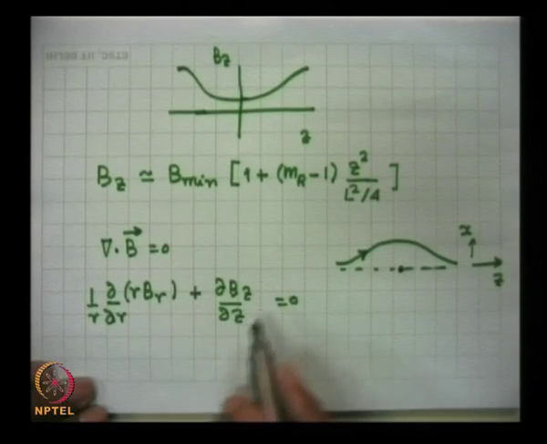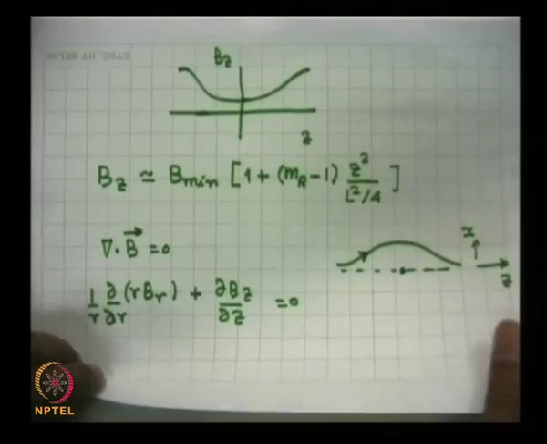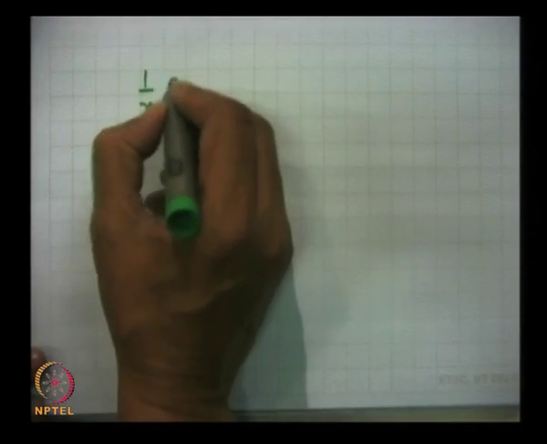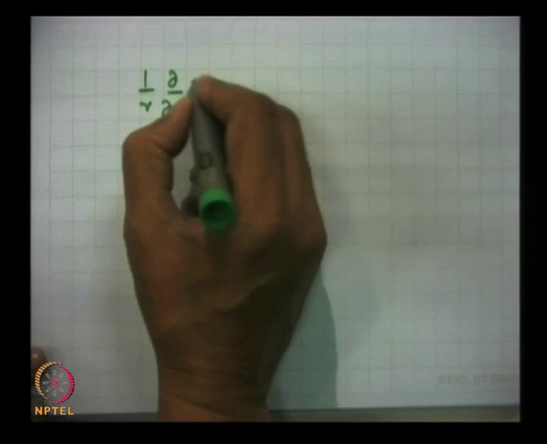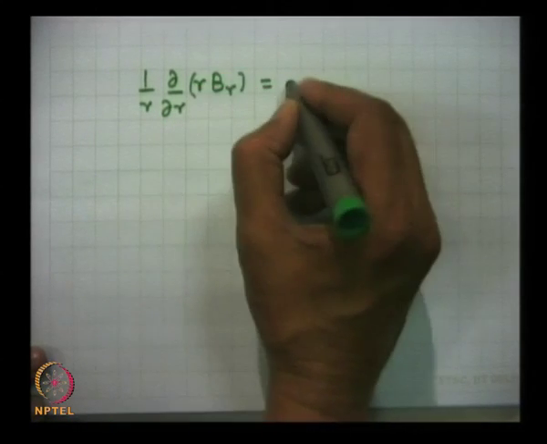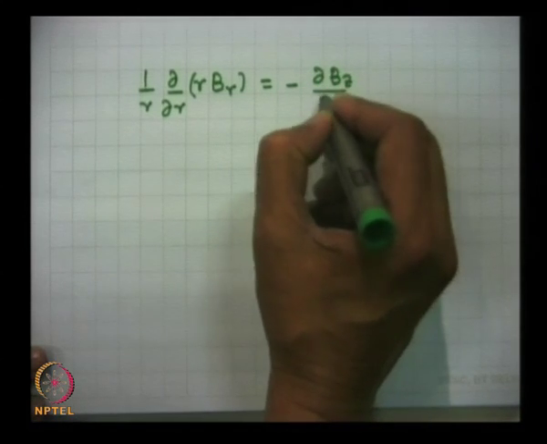So, I take this term on the right hand side and integrate this equation, and I obtain 1 upon r del by del r of (r Br) is equal to minus del Bz by del z.